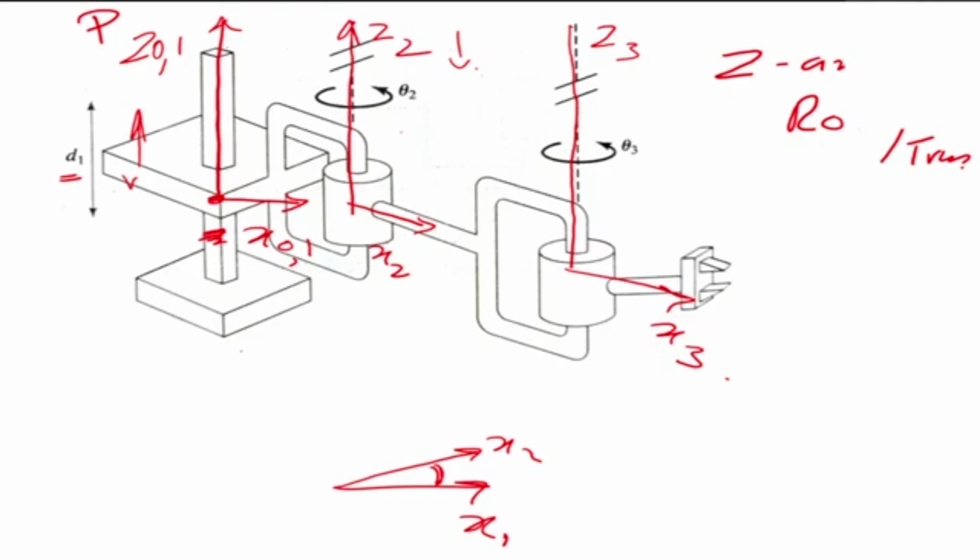So the other example we are looking at is the one which was given here. So this is the manipulator. First we need to understand how it moves.